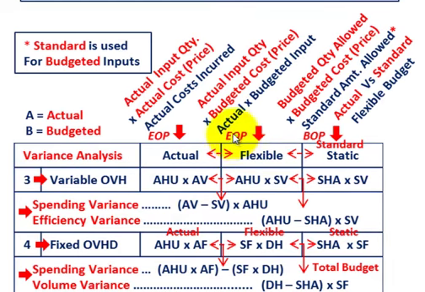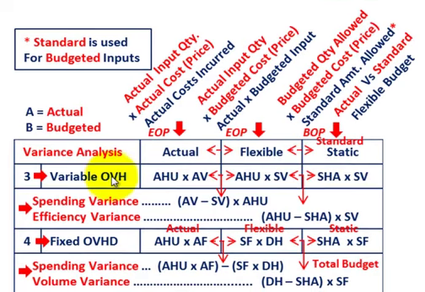That's simply taking your actual input quantities times the budgeted cost or price. So your flexible budget amount is based on your actual inputs times your budgeted costs or prices, and then you'd be able to determine the variances.